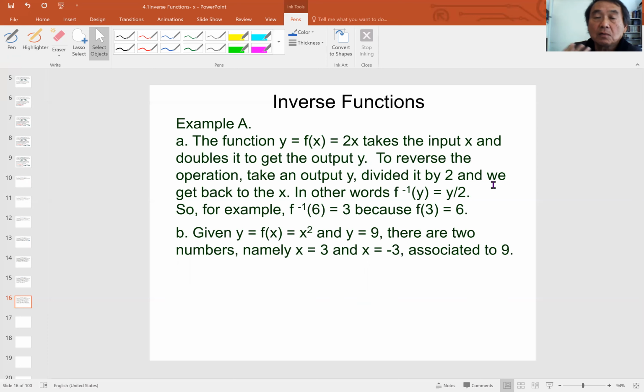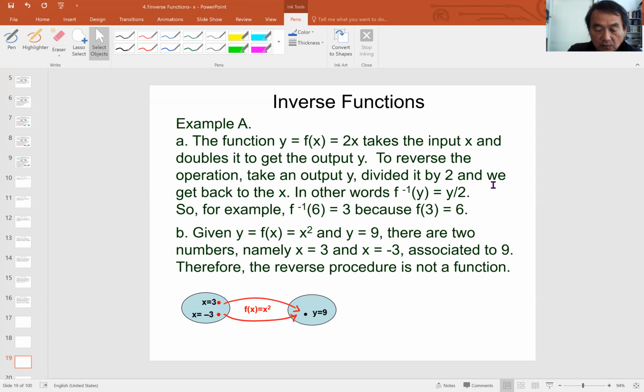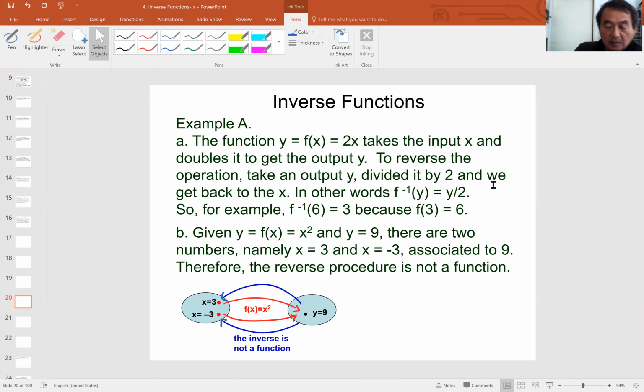We don't have the precise number, whether it is +3 or -3. Because multiple x's hit the same number y, when I reverse it, it goes to multiple inputs, so the reverse procedure is not a function.